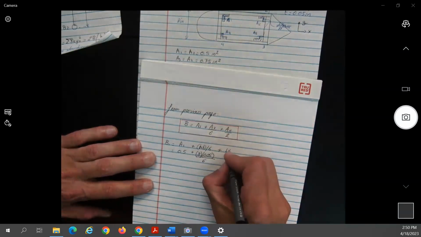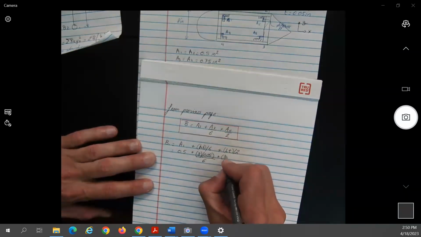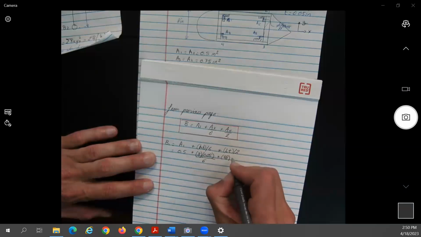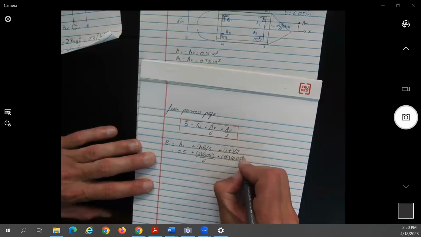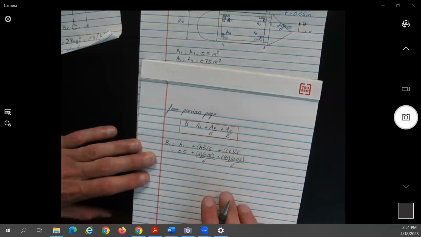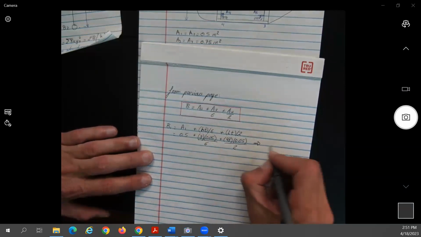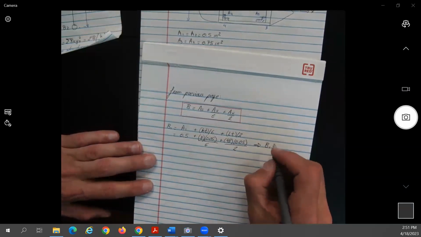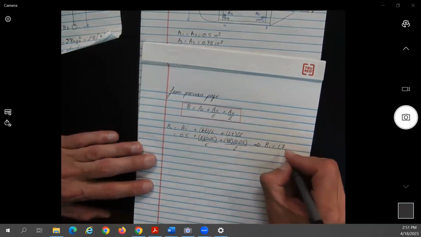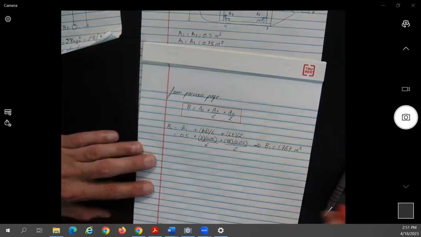L times T divided by 2, so plus 48 times 0.05 divided by 2. And if you do this calculation, this is going to give you that B1 is equal to 1.767 inch squared.